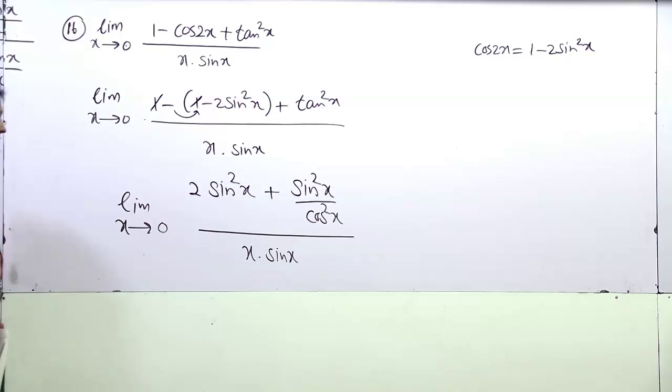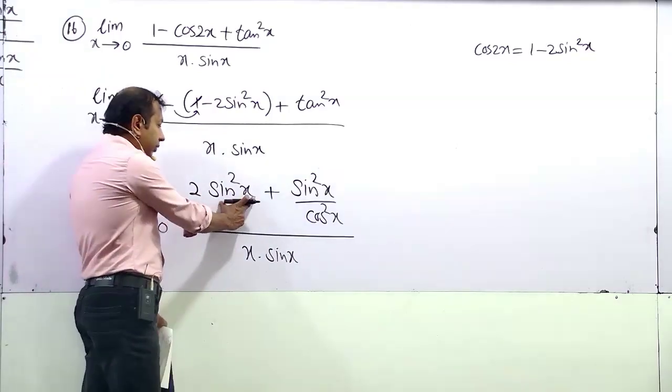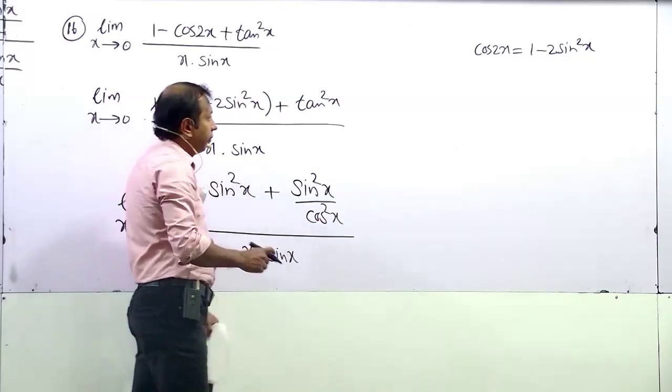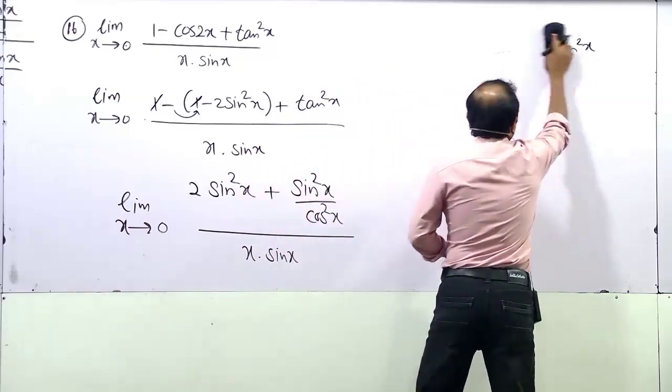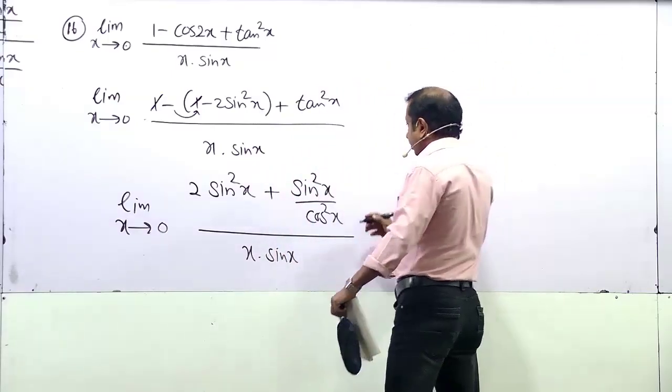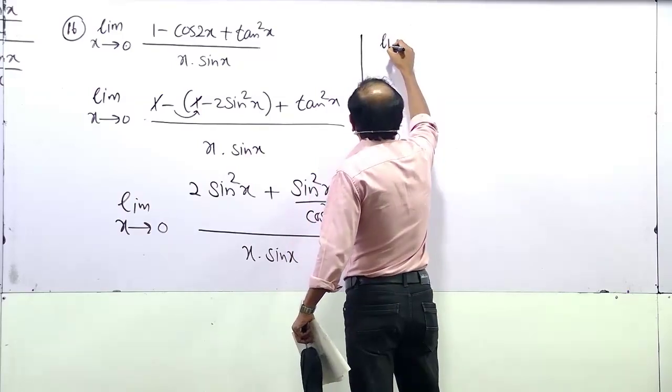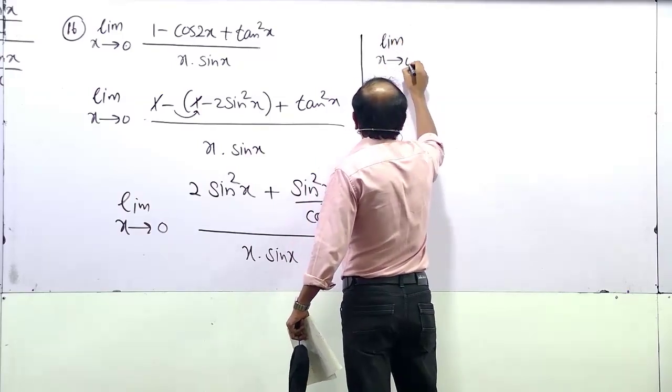Right. Now, from this numerator, this sin squared x we can take out. Take this sin squared x out. Limit x tends to 0.